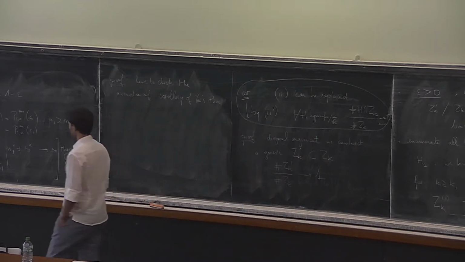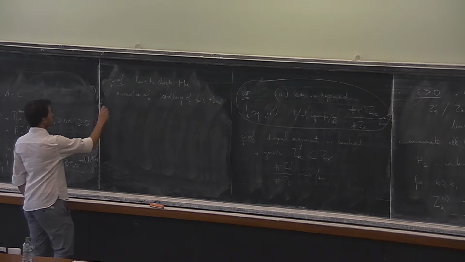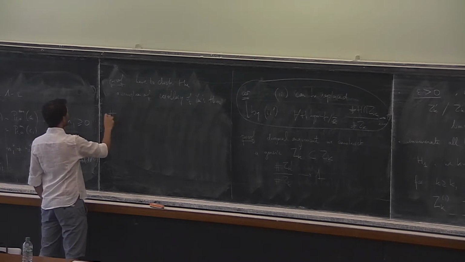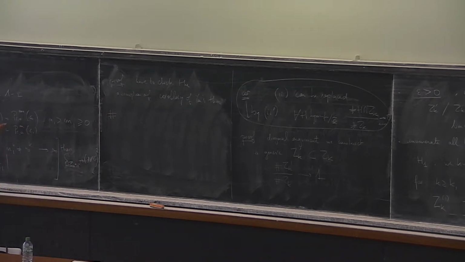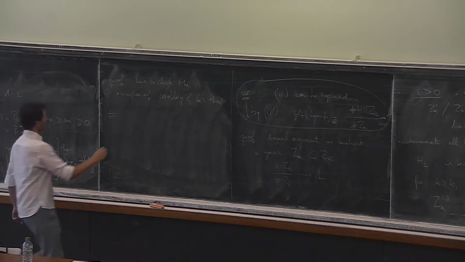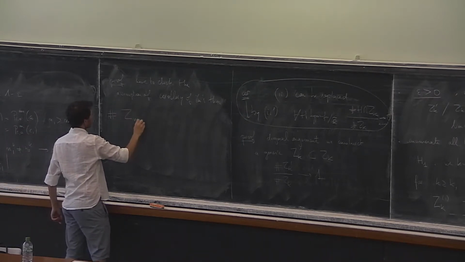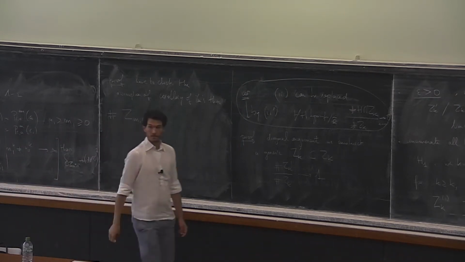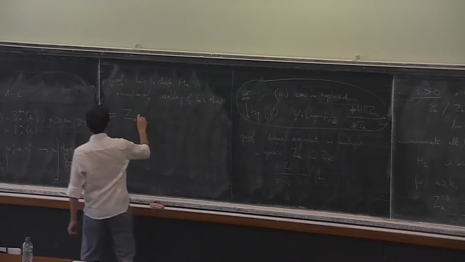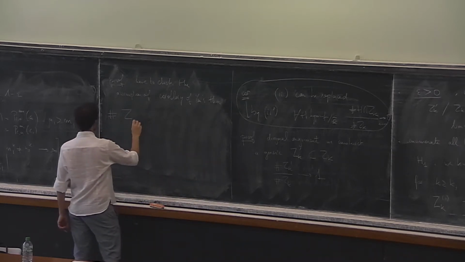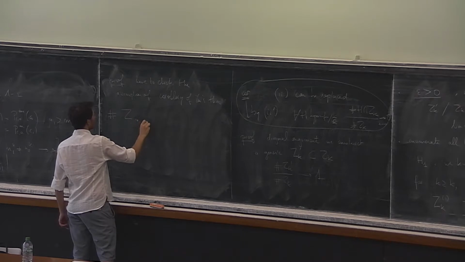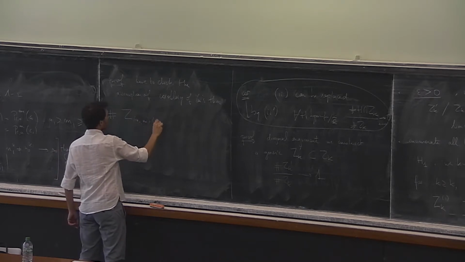Okay, so what is the cardinality of this set Z_{N,M}? Let me state more precisely: N0, M0, N1, M1.